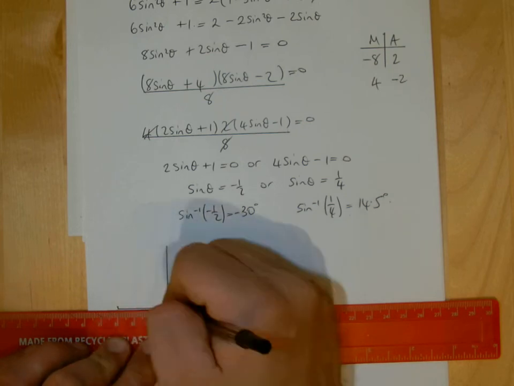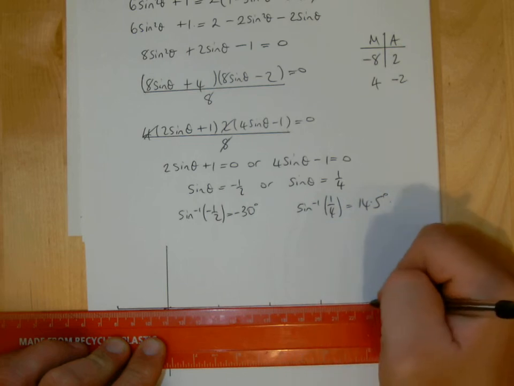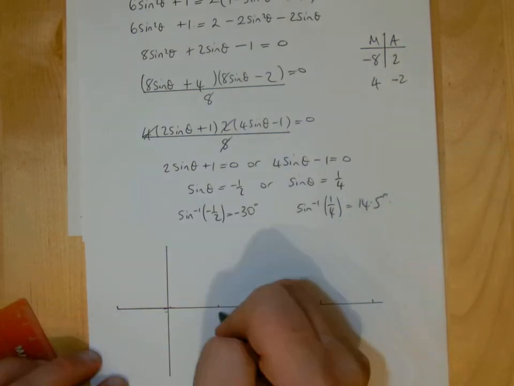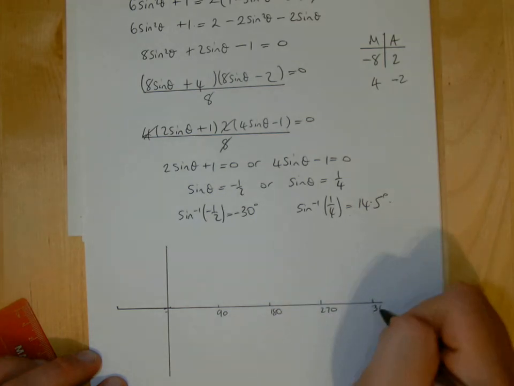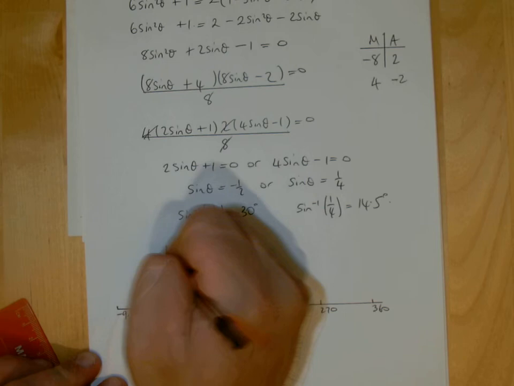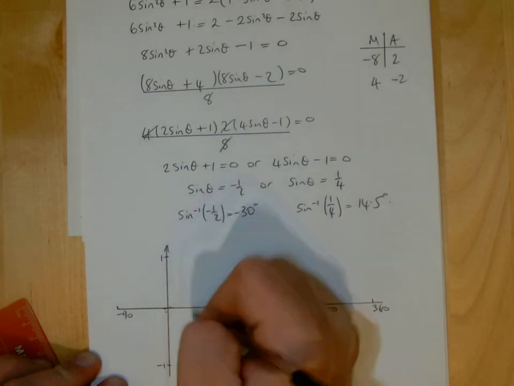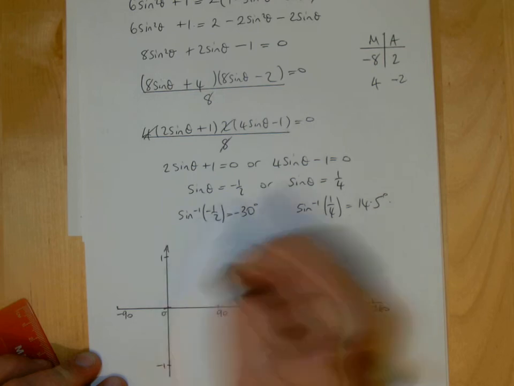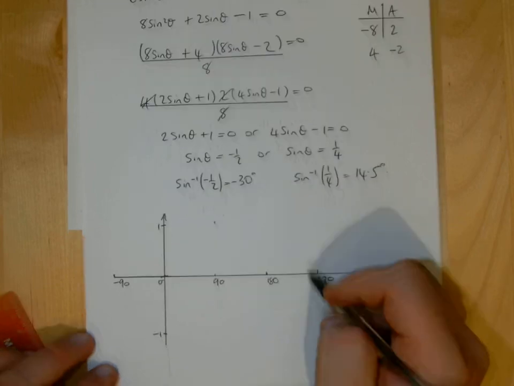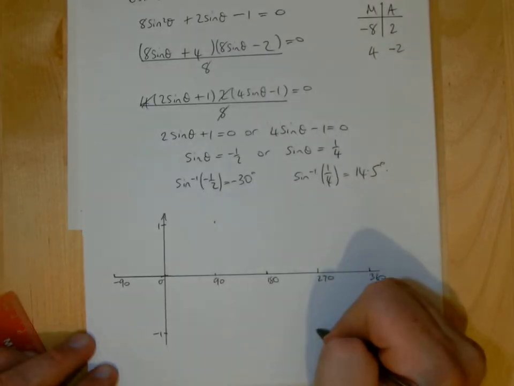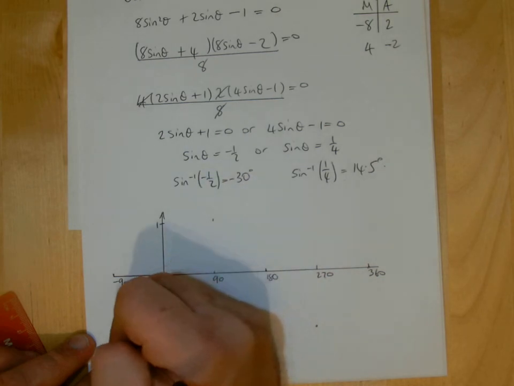Now I'm going to have to go back to minus 90, of course. So I've got 90 here, 180, 270, 360, and minus 90 there. 1 here, minus 1 there. So we know sine 0 is 0. We know sine 90 is 1, sine 180 is 0, sine 270 is minus 1, sine 360 is 0, and sine minus 90 is minus 1.